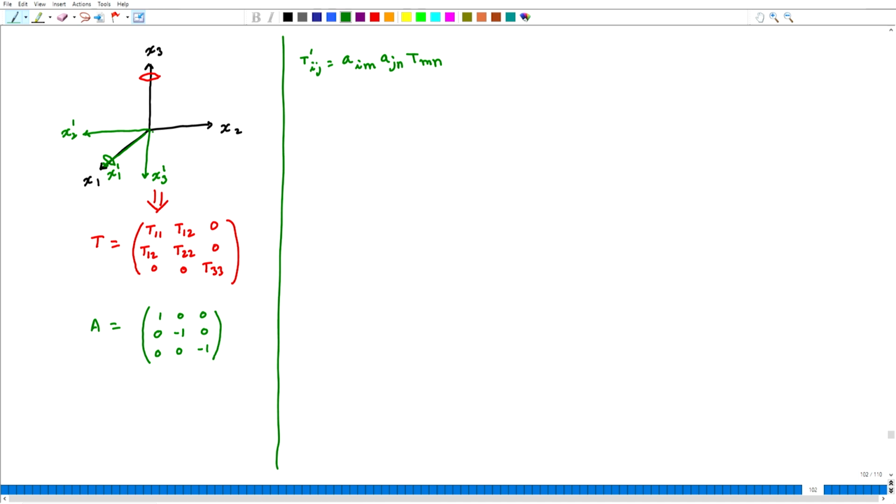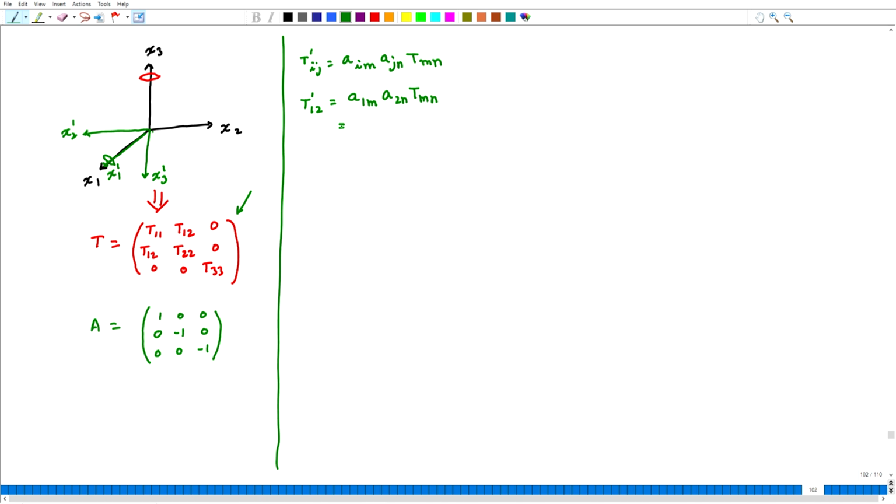Now, since the two-fold rotation about the x3 axis gives me this tensor, I want to look at the off diagonal term, the T12, and see how that transforms. So, T prime 12 equals A1m A2n Tmn.